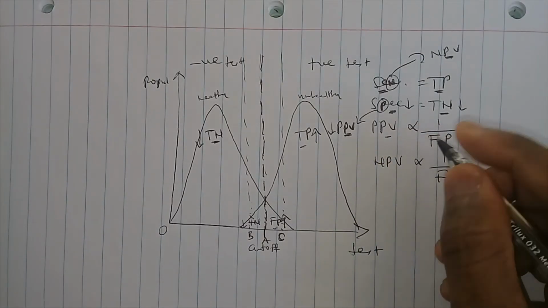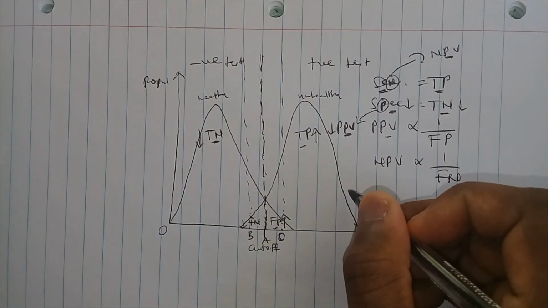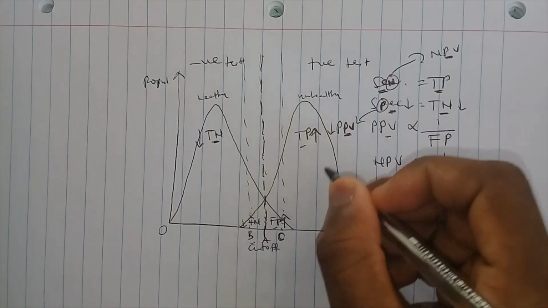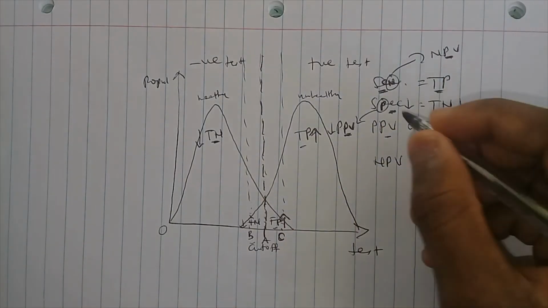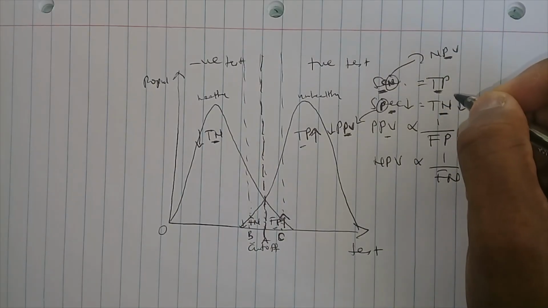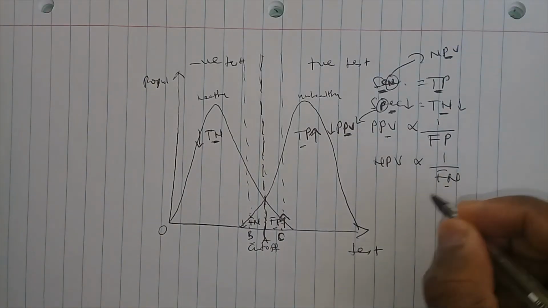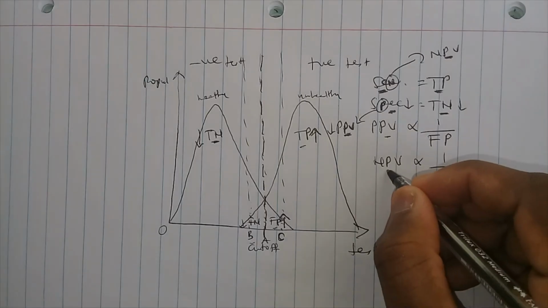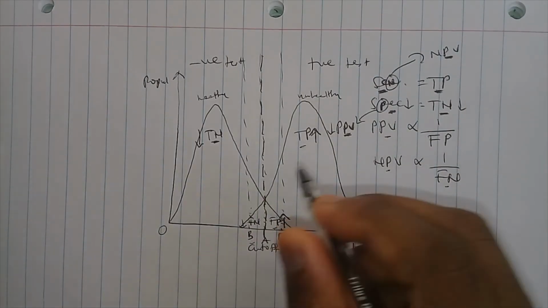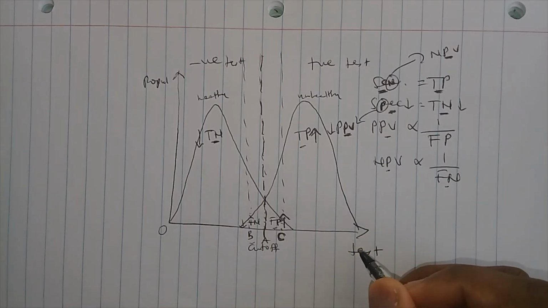And on the right side of the lowered cutoff, the new cutoff at point B, all the positives will go up, FP and TP. So if TP goes up, sensitivity will go up, NPV will go up too. Or because FN goes down if I lower the cutoff, NPV will go up since they're inversely proportional. And it's going to be vice versa if you increase the cutoff to point C.